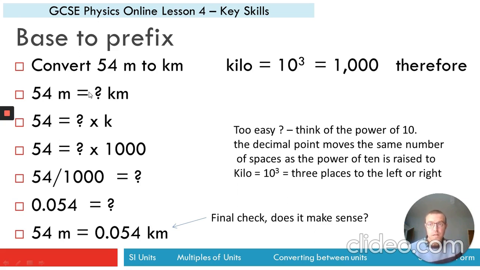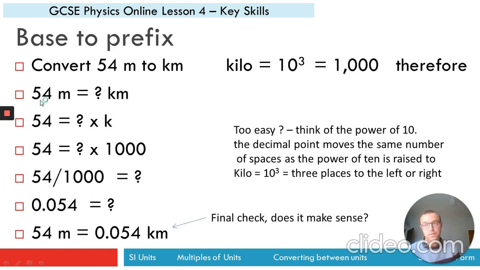So if that was too easy and you don't want to write out all the steps, if you think you're getting the hang of it, you can also think of the powers of 10. If we look at kilo equals 10 to the 3, the number that the 10 is raised to, in this case 3, tells you how many decimal places you're going to move when converting between the two.